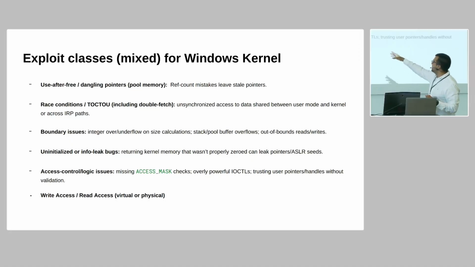At this point, you don't actually need info leaks, but you might need them in the future. Access control logic issues is basically breaking the logic and giving too much power to the user mode. And then write access and read access could be virtual or physical, and the most typical ways are using write-what-where and direct primitives to access write and read.